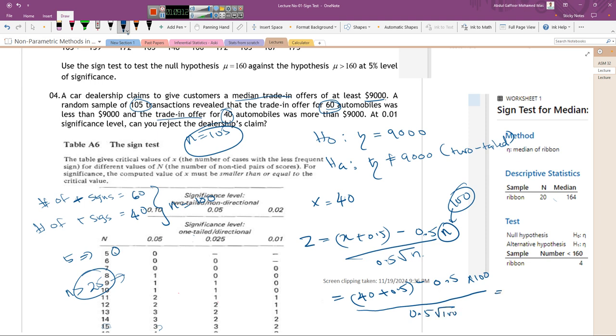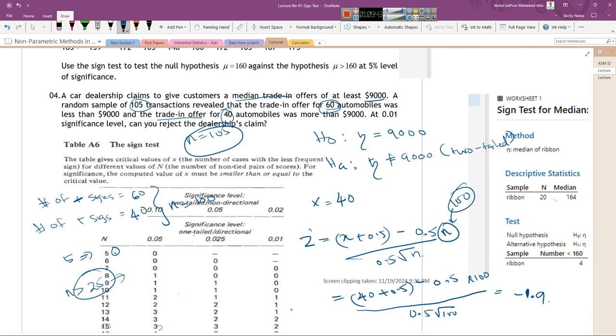So if you simplify it, 40.5 minus 50 divided by 0.5 square root of 100 is equal to minus 1.9. So our z statistic is minus 1.9.